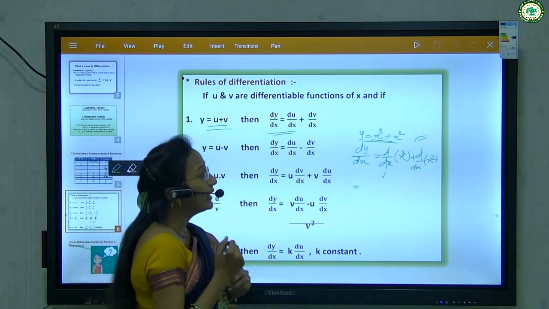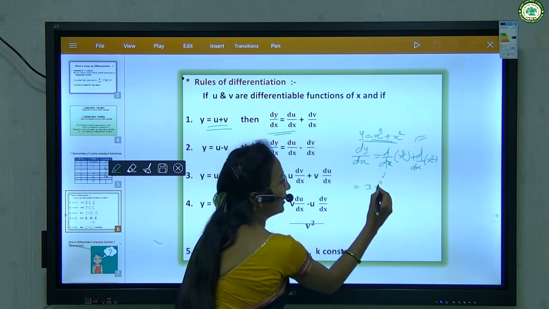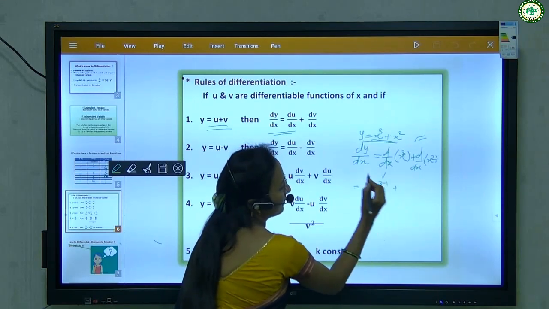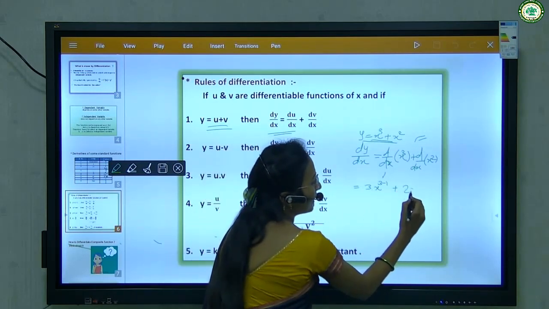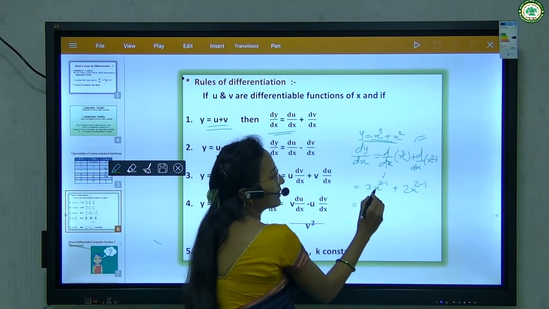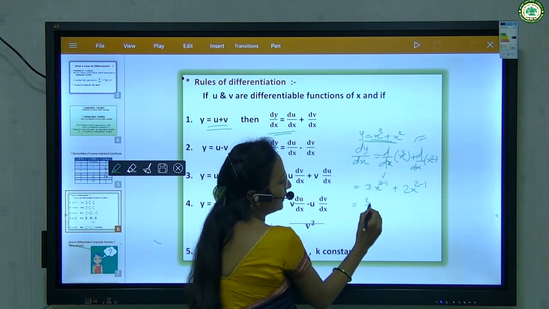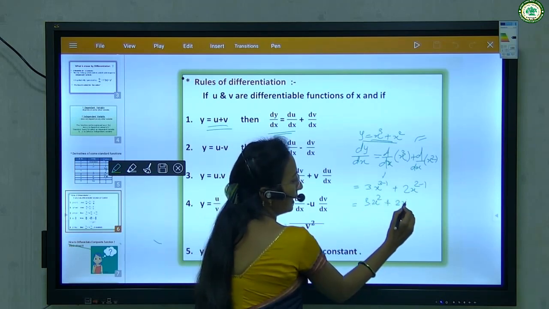Therefore, the derivative of x cube is 3 times x raised to 3 minus 1 plus the derivative of x square is 2 times x raised to 2 minus 1. By calculation, this becomes 3 into x raised to 2 plus twice x.